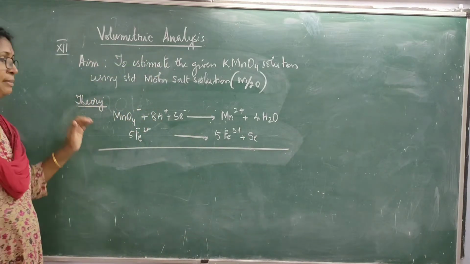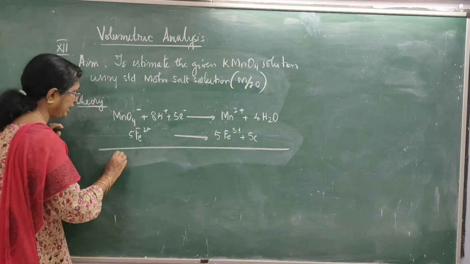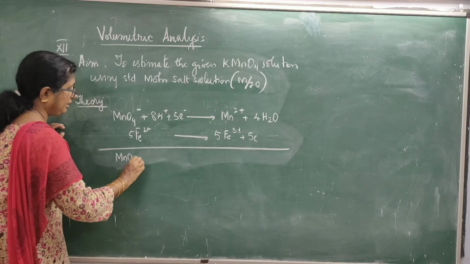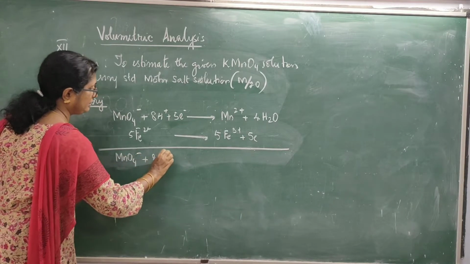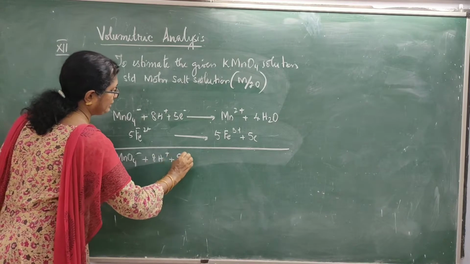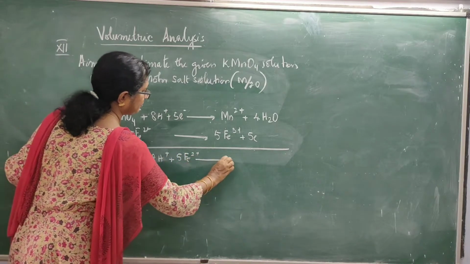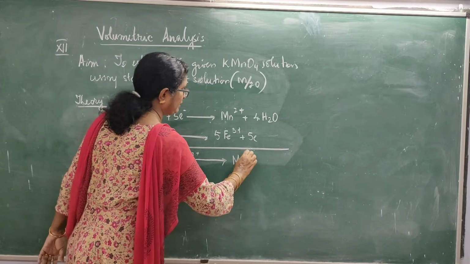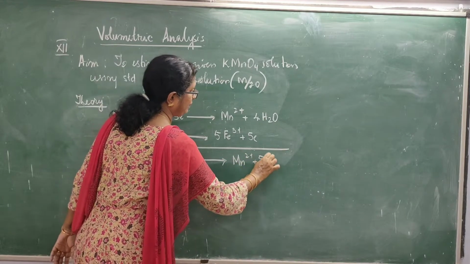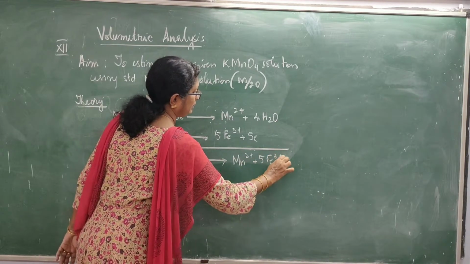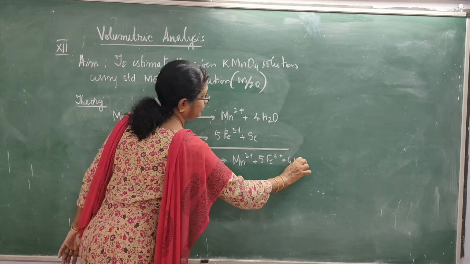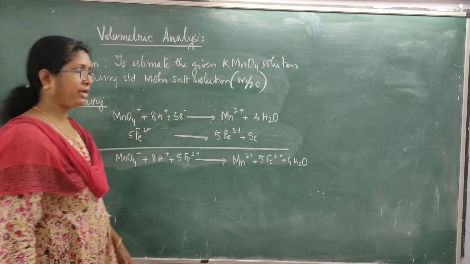The quantitative estimation is based on this reaction: MnO4⁻ + 8H⁺ + 5Fe²⁺ gives Mn²⁺ + 5Fe³⁺ + 4H2O. This is what we are going to do.